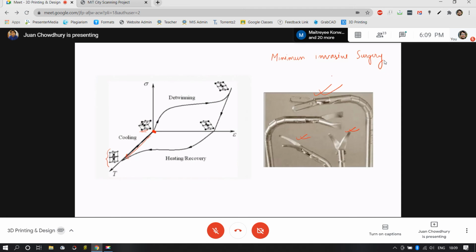So in minimum invasive surgery, instead of cutting open the torso of a patient, what you do is you make little holes. I think the standard norm now is to make 3 of them, and then you slowly pass these robotic arms.